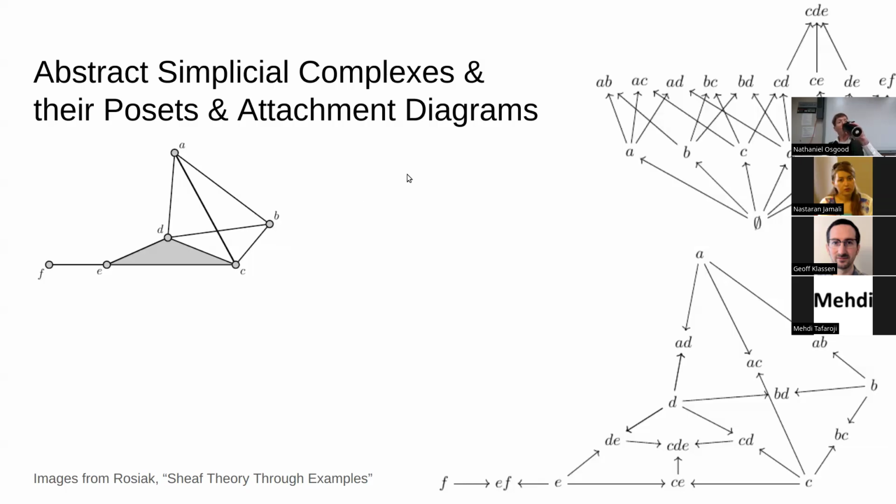Okay. Yes, Mehdi. It's like investigating these edges and vertices from the category theory point of view. But if you want to investigate from the topological point of view, it's necessary to satisfy the properties of a topological space.